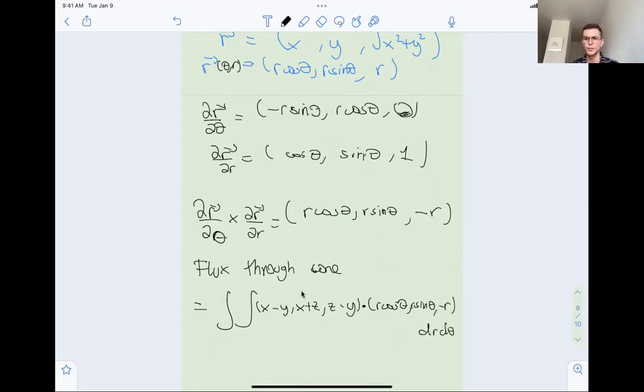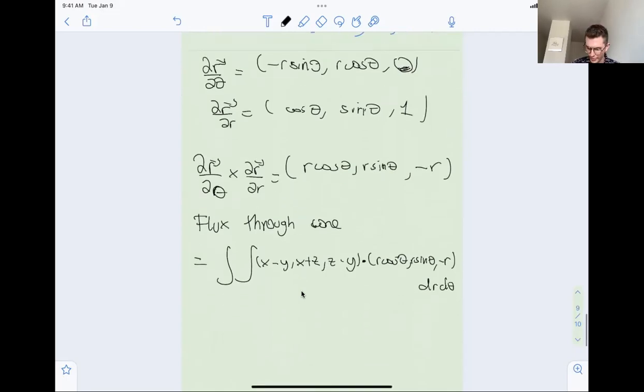What bounds do we put here for theta? Theta goes from 0 to 2 pi. And what are the bounds for the cone in r? The values for r go from 0 to 1.